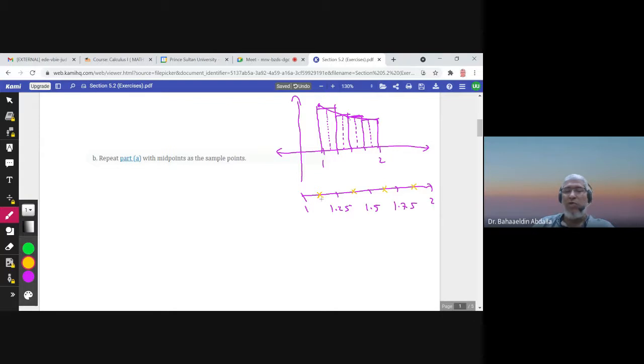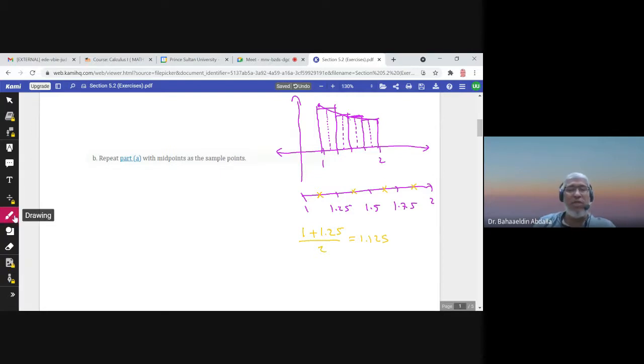Okay, so how to find the first one? We add 1 plus 1.25 and divide by 2. We find the average. So if we divide, we get 1.125. So this is the first midpoint.